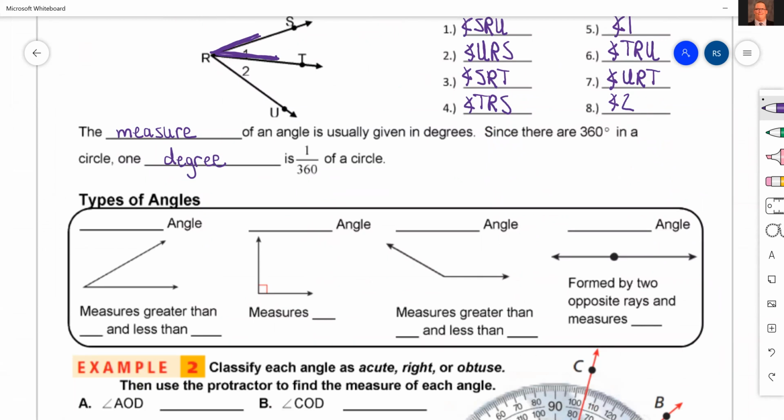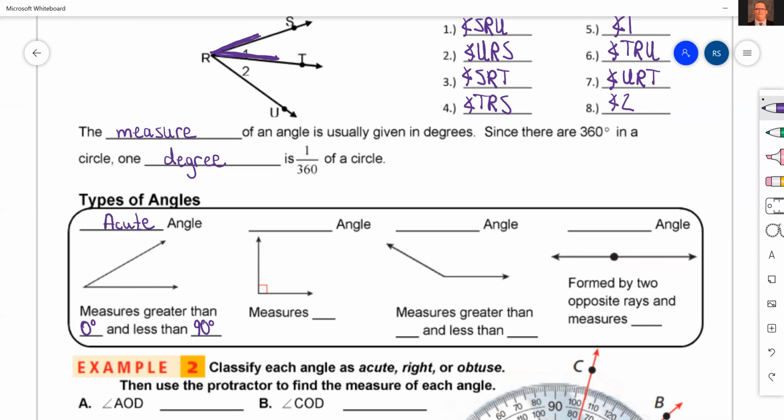Now, chances are you probably remember what these are called. So if we have this small angle here, less than 90, we call that an acute angle. So it's going to be greater than 0 degrees, but less than 90 degrees.